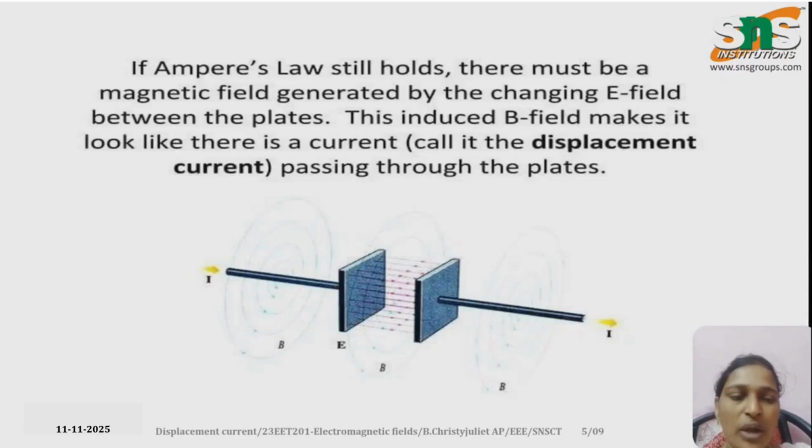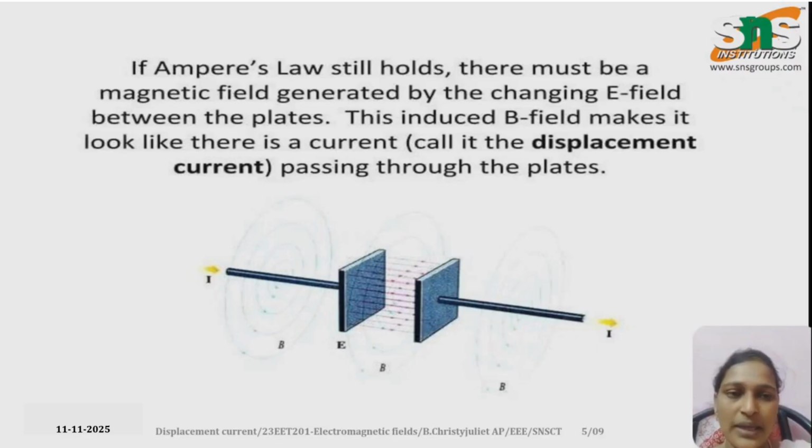So if you observe this parallel plate, in between there is a gap, like in a capacitor. We know the current flows through the conductors. So the current enters the capacitor and creates a magnetic field around the plate. But what happens in between the plates?